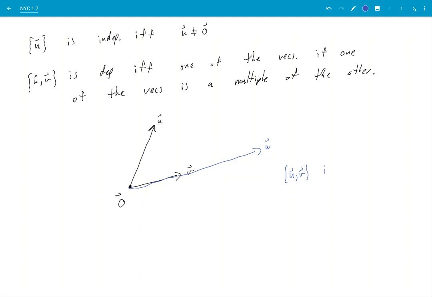So UV is independent, VW is dependent. And we'll say this is an example.